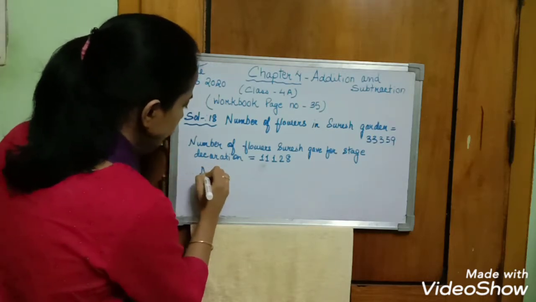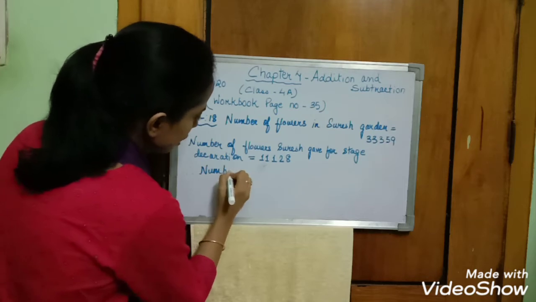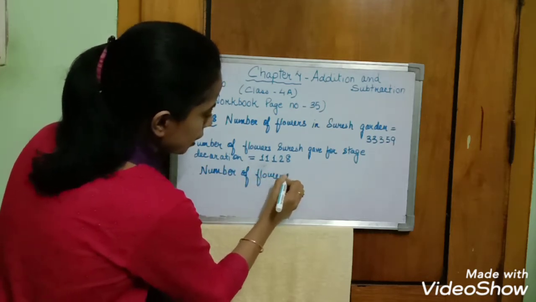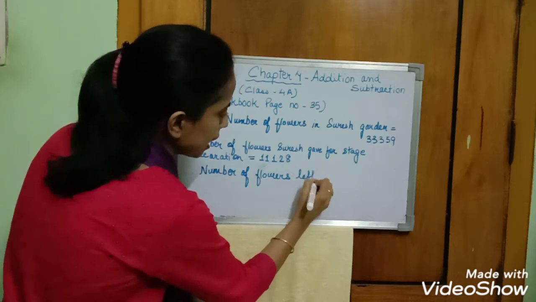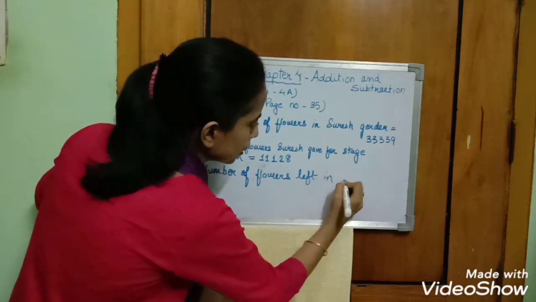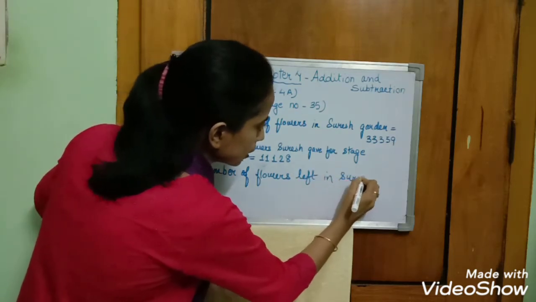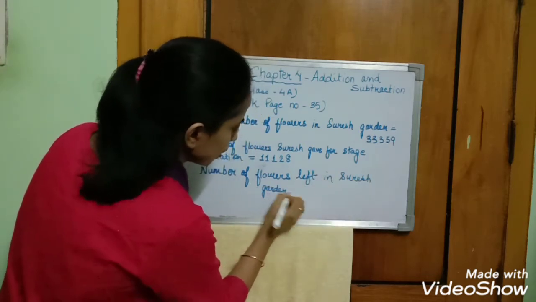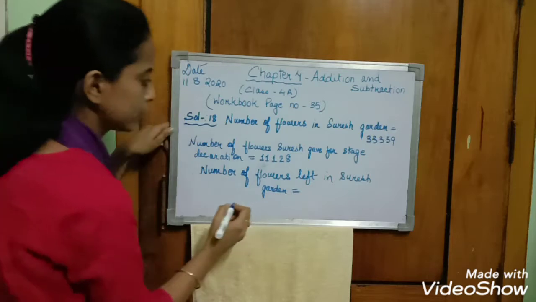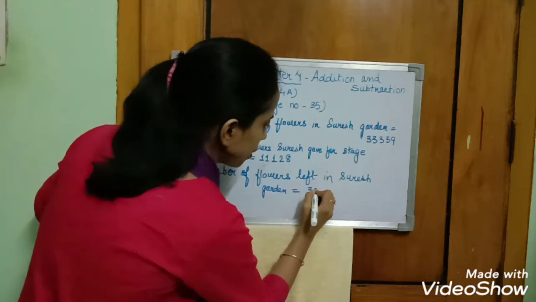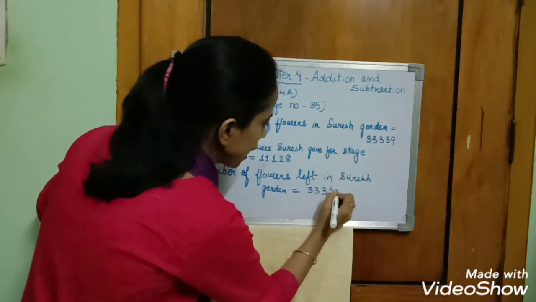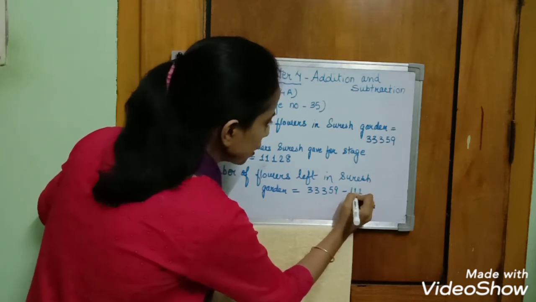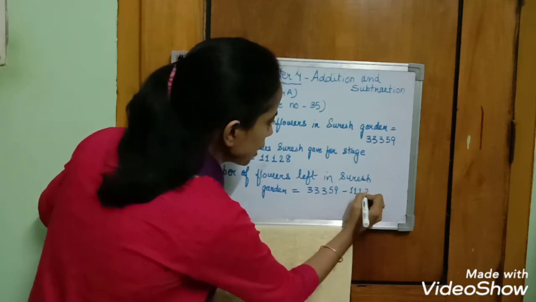Therefore, number of flowers left in Suresh's garden is equal to 33,359 minus 11,128.